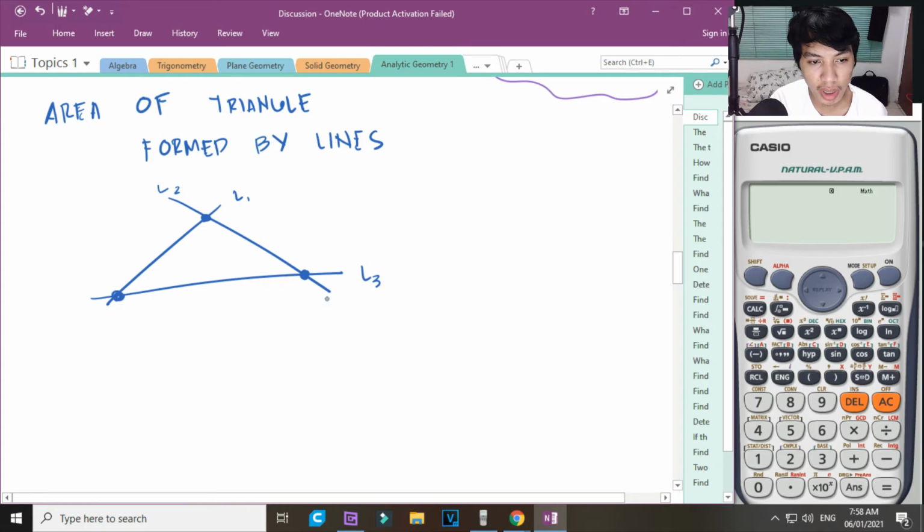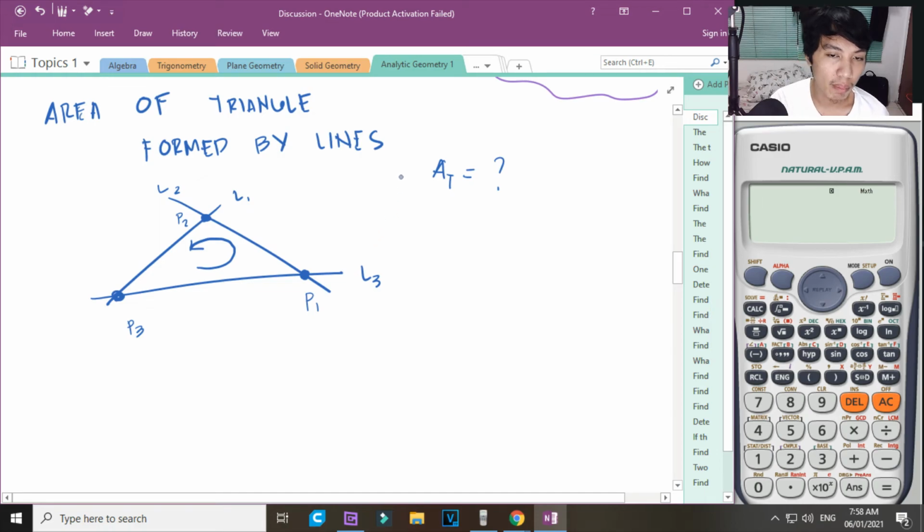And those intersection points, i-determine yan yung area ng triangle mo. Ngayon, sir, paano po ang flow natin dito? Tandaan mo this is point 1, point 2, point 3. Sir, ba't ganyan po? Lagi mong tatandaan na ang rotation mo dapat sa pagsosolve nito is counterclockwise.